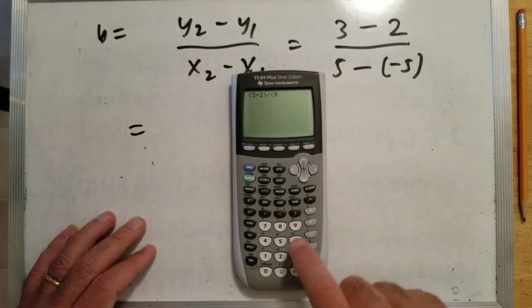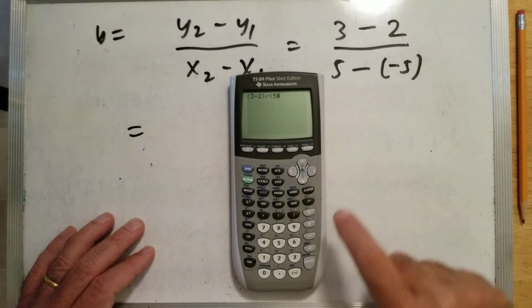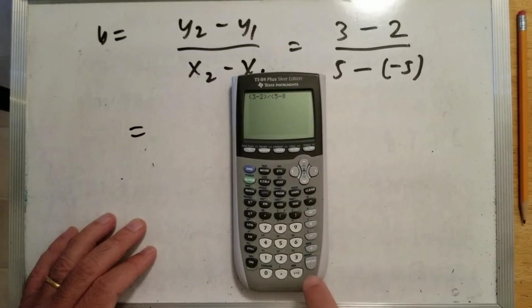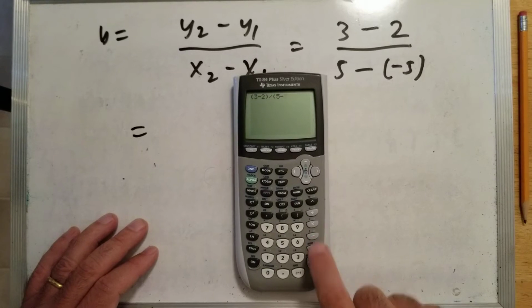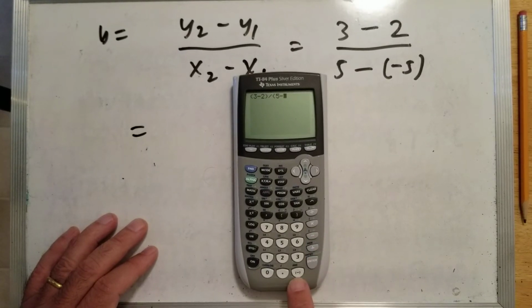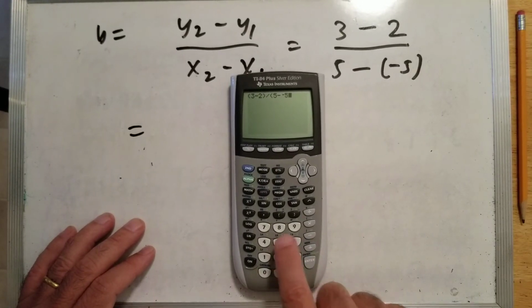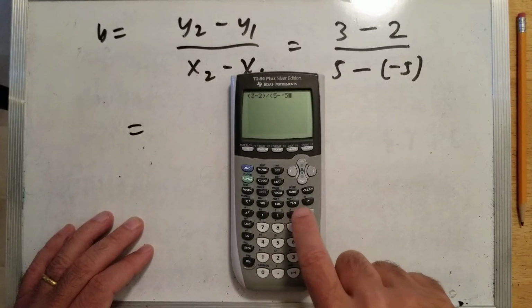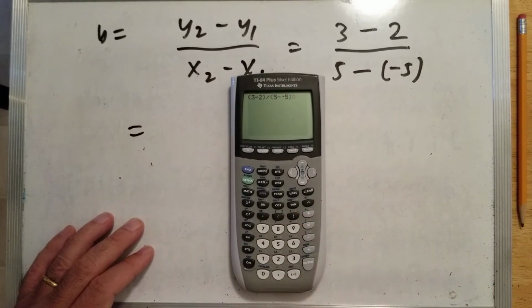Here's where I have to be careful: it's 5 subtract a negative 5, so 5 minus a negative 5. When I hit the magic button, it gives me 0.1.